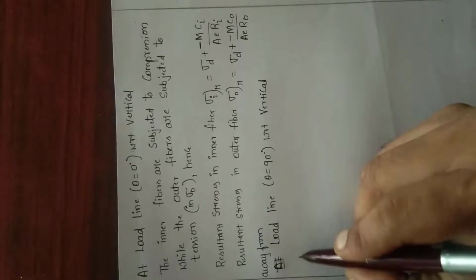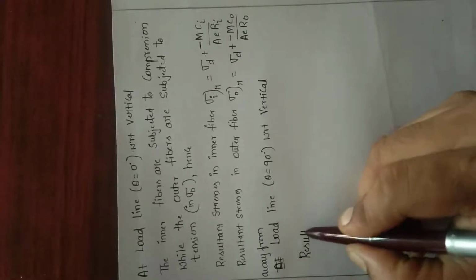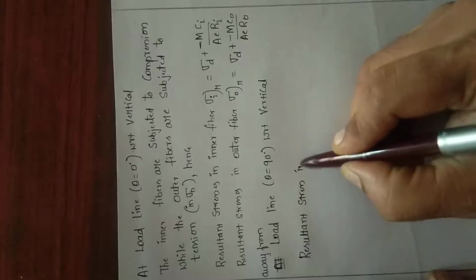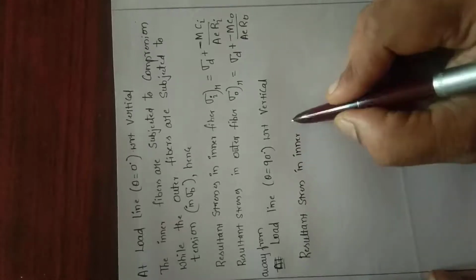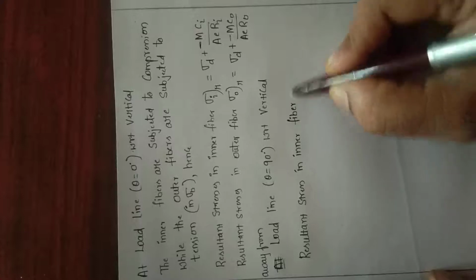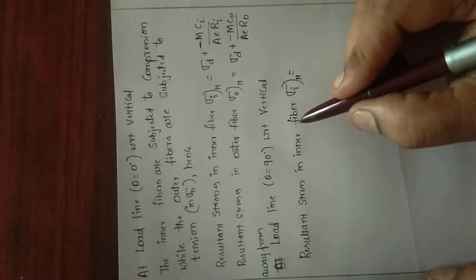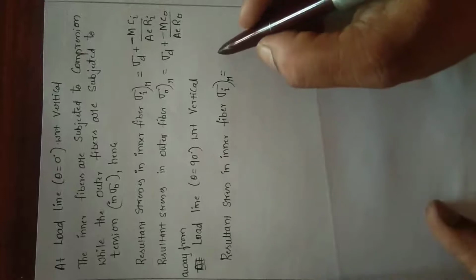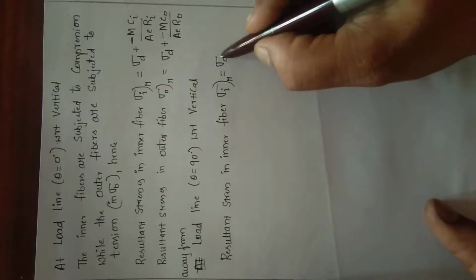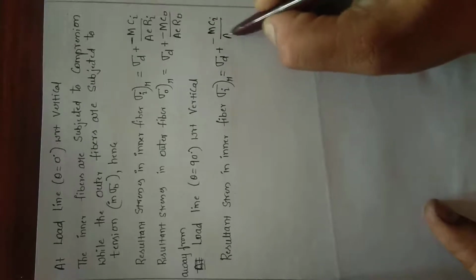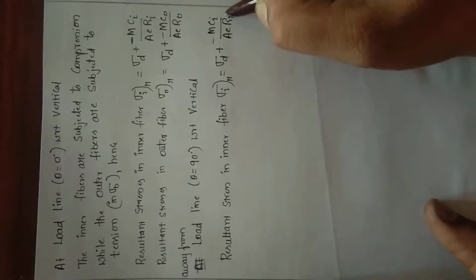So again the resultant stresses in the inner fiber, sigma I r. I have two cases, when theta equal to 0 and theta equal to 90 degrees. Sigma I r will be again the same, sigma D plus minus M c I by A e into r I.